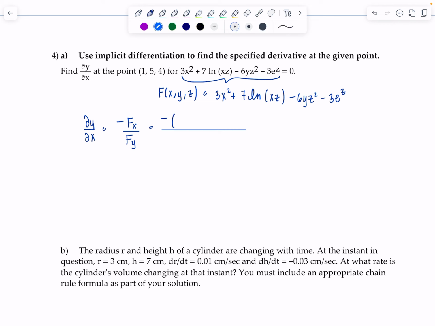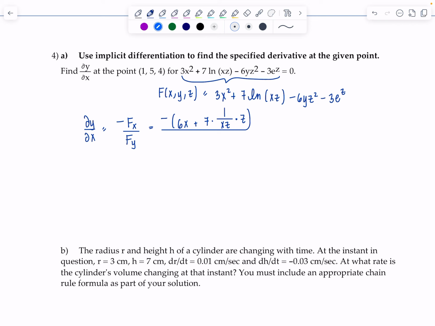So this would be 6x plus, okay, 7 times ln of xz, that would be 1 over xz, but then z is a constant, so by the chain rule, I'd have to multiply by another z, and then the derivative of everything else would be 0 because there's no x's in it, so those are all constants as far as we're concerned.